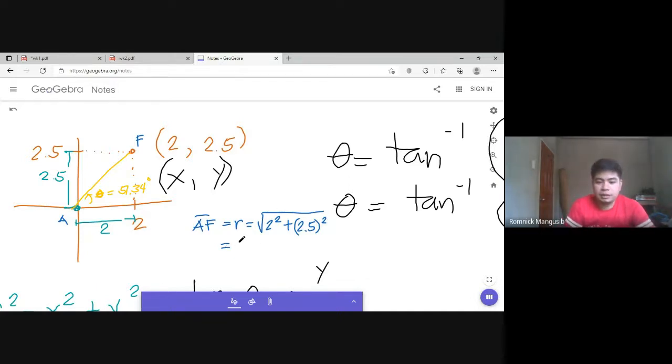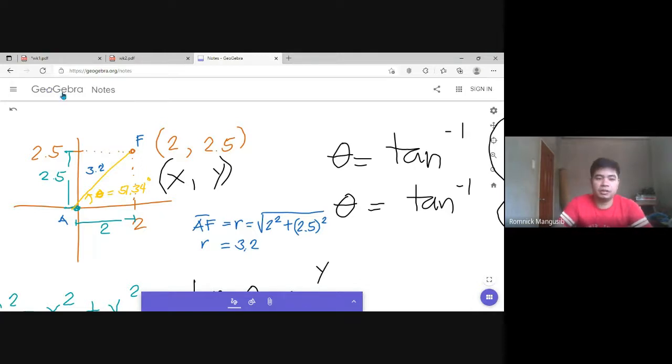So, your answer here is 3.2 or 3.20 can do. So, we have radius that is equal to 3.2. Okay, so that is how we indicate the polar coordinates.